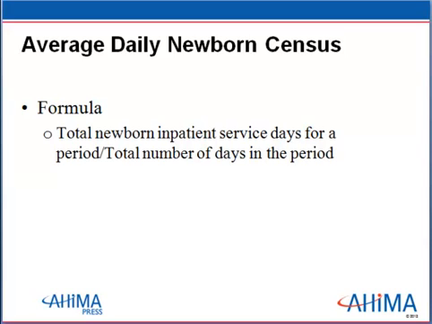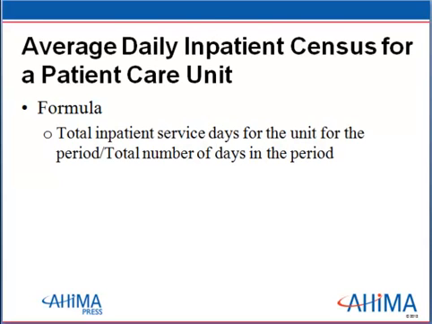The calculation for computing the average daily newborn census is the same as calculating the average daily inpatient census for adults and children. We have our total service days divided by the total number of days in that period.